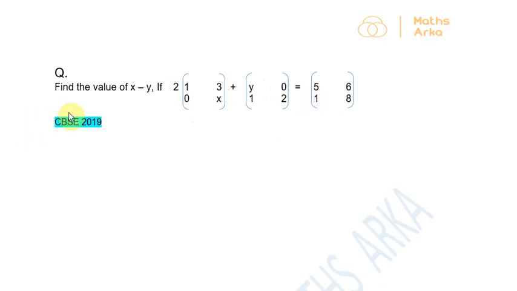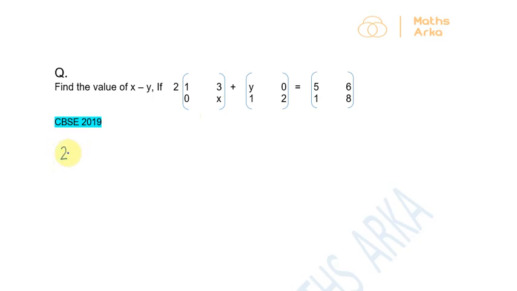So what do we get? We have one scalar which is multiplied with this matrix, and then we need to add these two matrices and equate with the final one. So equality of matrices would be used over here. So let's just see.